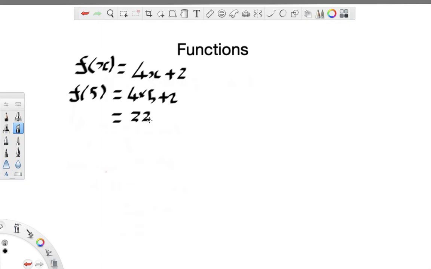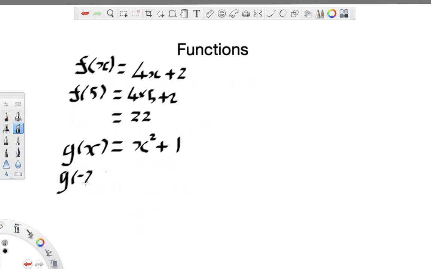Now, not all of our functions have to start with f. We could have another letter. So another common one is g. So we could have g of x, and that's equal to, let's change it up, let's go for x squared plus 1. So if we said, oh, well, what is the value of minus 2? So what's g of minus 2?